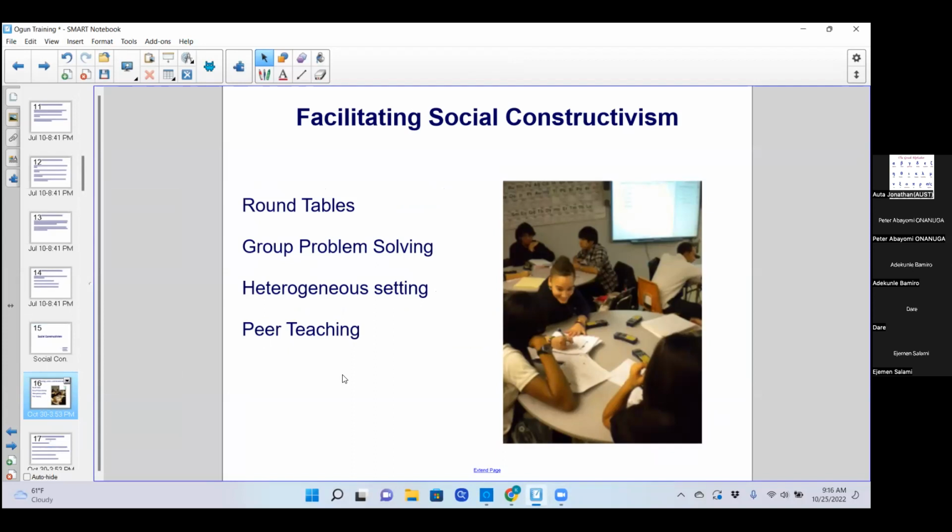During this time, really even during your direct instruction, you want your classroom set up to be round tables, or if they're in desks, you just push them together into little pods, grouping them together. We want to make sure that our groups are mixed. We want high students with low students, boys with girls, mix them up so that they can really interact with each other. When they're all on the same level, it's going to be hard for them to move along.